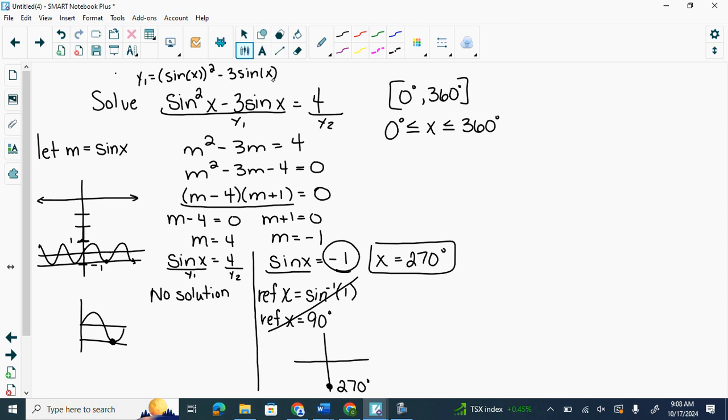So now type that in, y1, y2. There should be one intersection. Second trace 5. Enter, enter, enter.